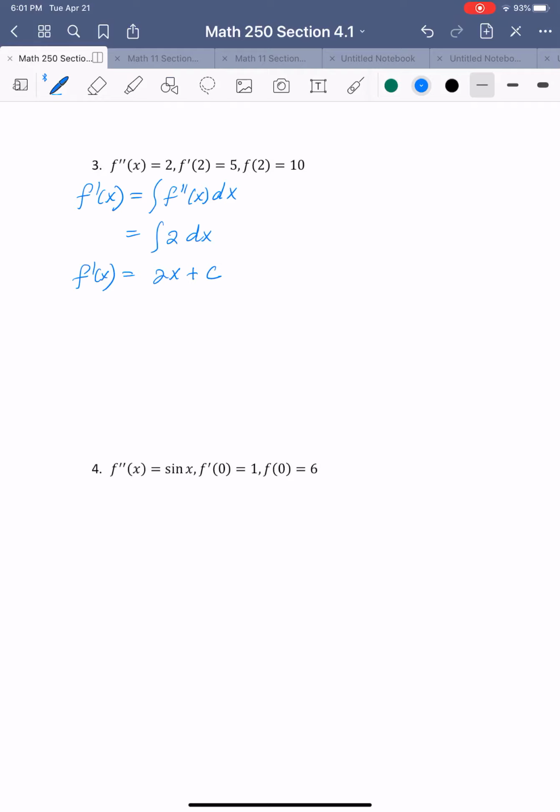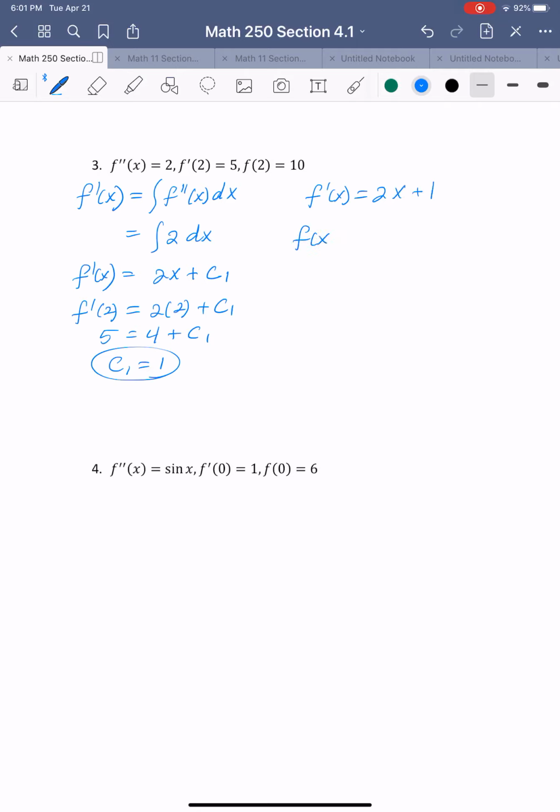Since there's f prime and there's f, I want to say c1 for the f prime of x. So plug in 2 in f prime: 2 times 2 plus c1. And f prime of 2 is 5, so 4 plus c1 equals 5, and c1 equals 1. So I got f prime of x as 2x plus 1.